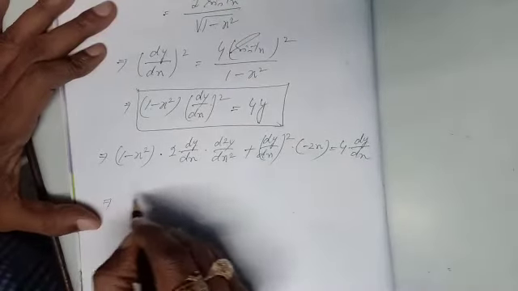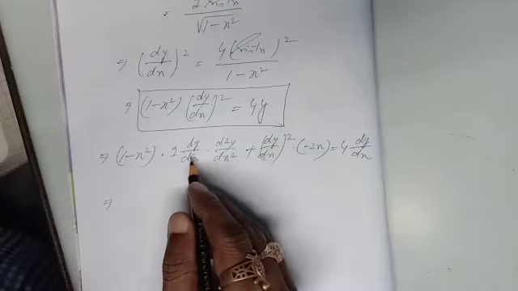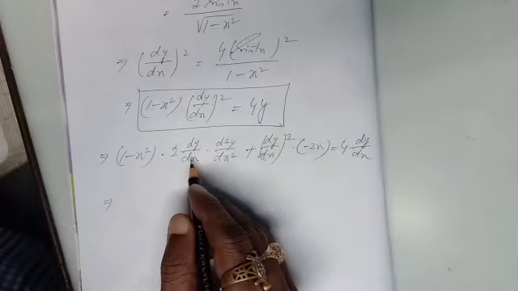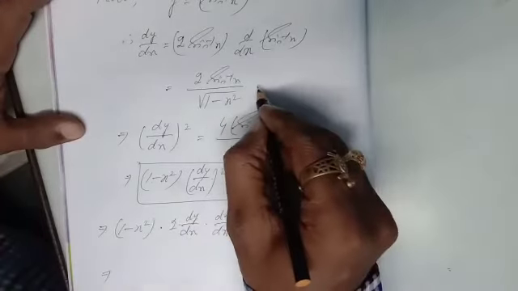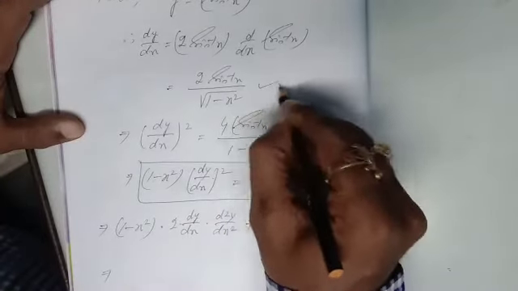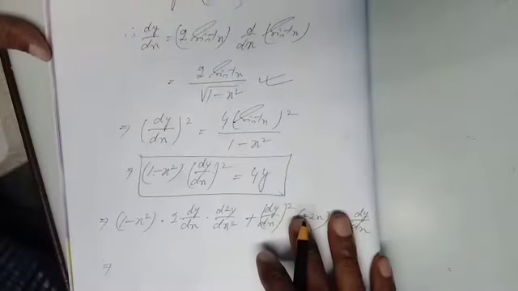Next you see what you are getting here. dy by dx already you got before. How much did you get dy by dx? 2 sin inverse x by square root of 1 minus x square. Okay.